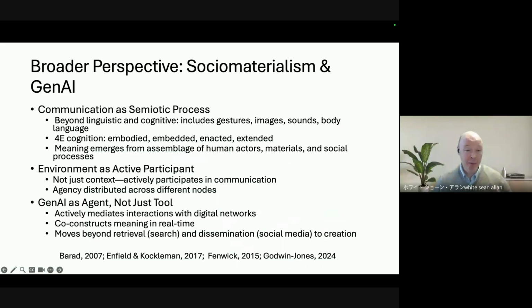Embodied, of course, we use not just our brains, but our entire bodies to learn and to process information, right? And I think particularly for AI, the last 3, the fact that cognition itself is embedded in environments, that it is not just an internal process, but an interactive one.